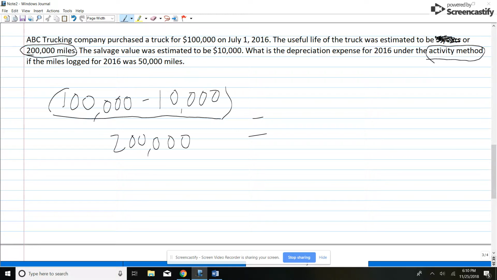But since this denominator isn't in years anymore, it's in miles, this is going to give us depreciation per mile. And let me get on my calculator. I have 0.45. So this 0.45 is going to be our depreciation for every mile.